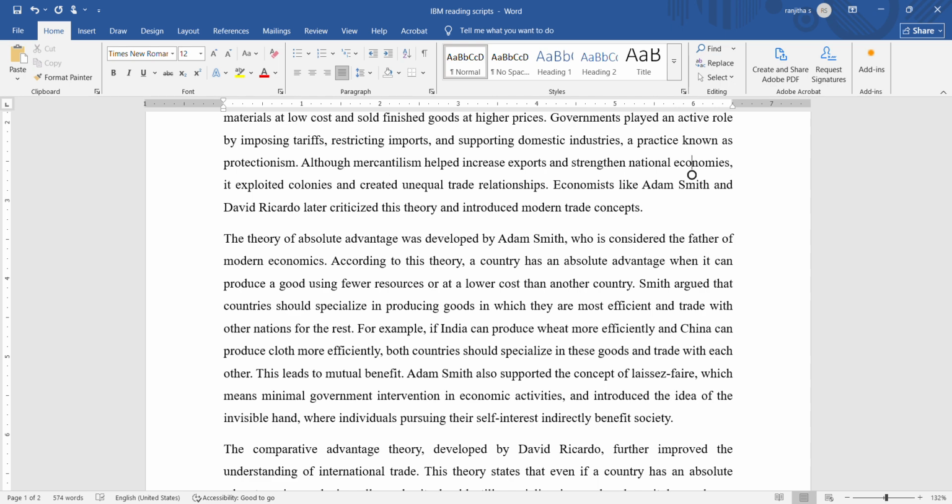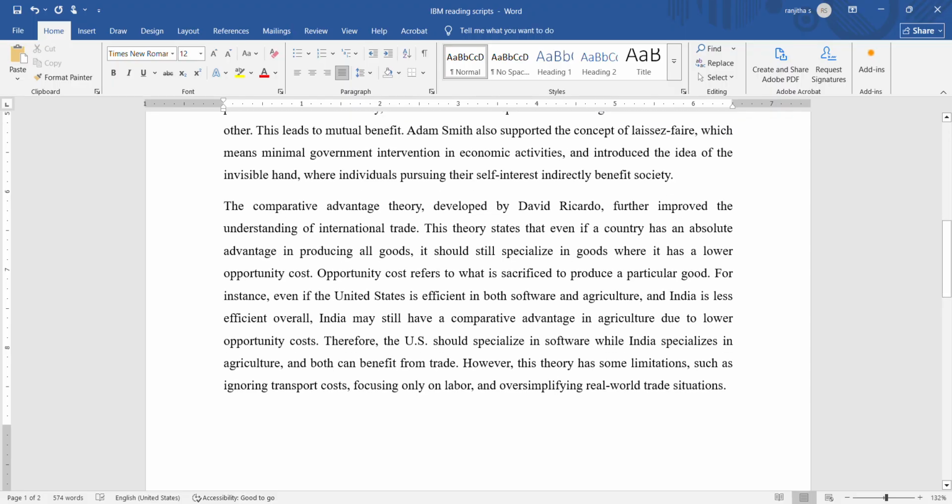Adam Smith supports the concept of laissez-faire, which means minimal government intervention in economic activities, and introduced the idea of the invisible hand, where individuals pursuing their self-interest indirectly benefit society.